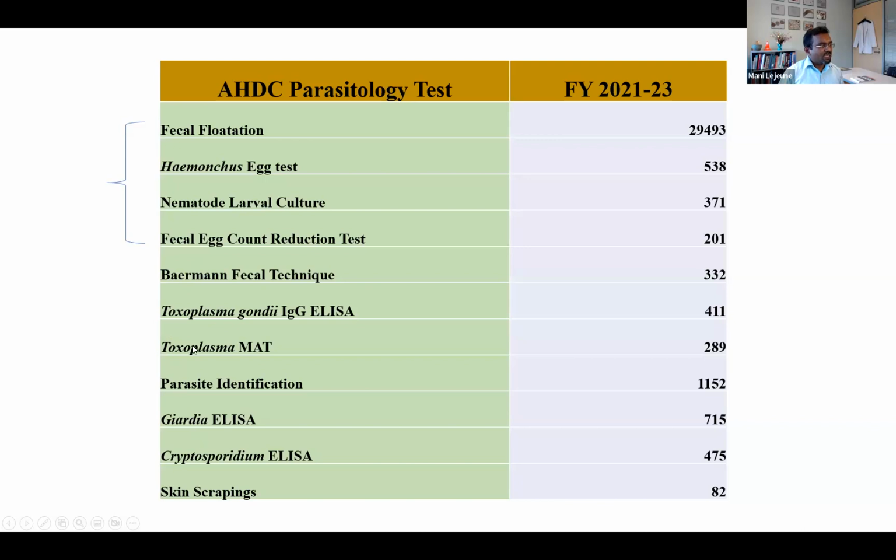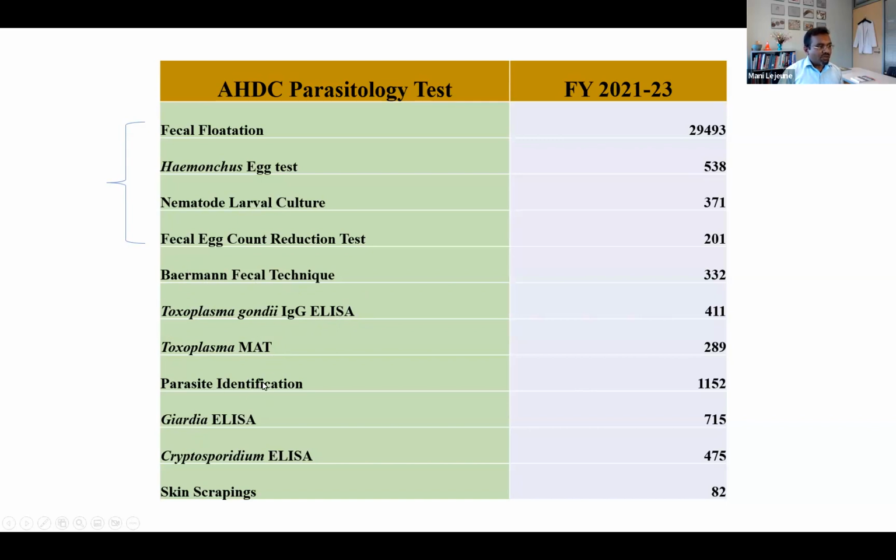But we do have, for example, the Baermann fecal technique, which we use for lungworm detection, and the Toxoplasma gondii ELISA, which we just retired today. As a replacement, we are offering the Toxoplasma modified agglutination test. If you are interested, at the end of my presentation we can talk about that.